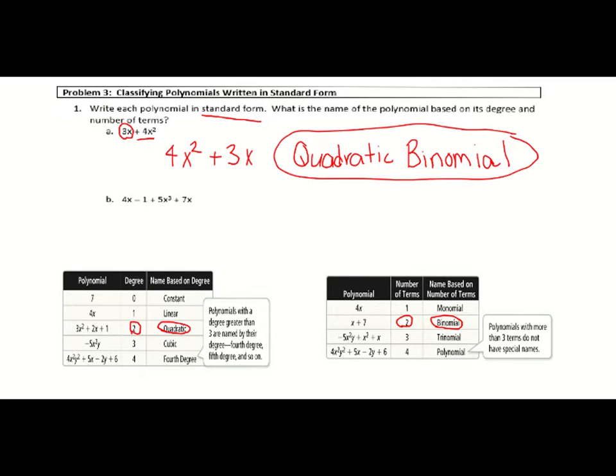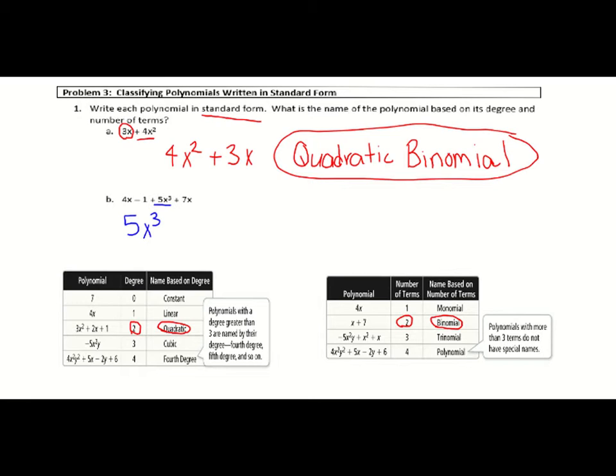Now for part B, 4x minus 1 plus 5x cubed plus 7x. The first thing we're going to do is write this in standard form. Again, standard form means write the highest exponent first. In this case, that would be 5x cubed. It is positive, so I'm going to write 5x cubed. And then I want to write my next lowest exponent, and then my next, and then my next.